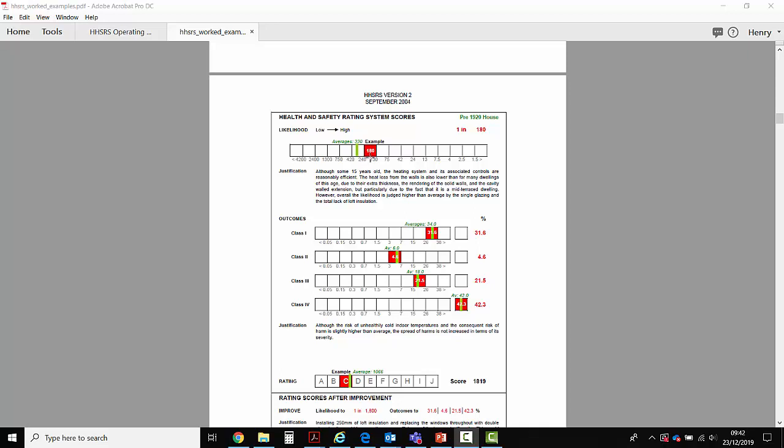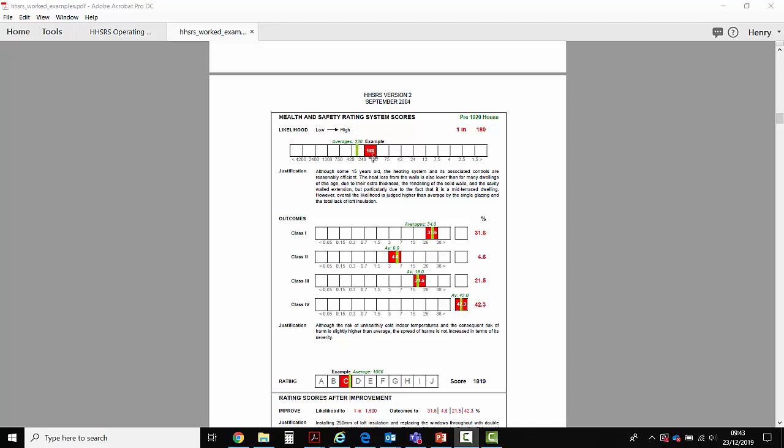So we would say that our property was either 1 in 180, or maybe it's the next representative scale point along, which is 1 in 320. We'll talk about what representative scale points are in just a second.